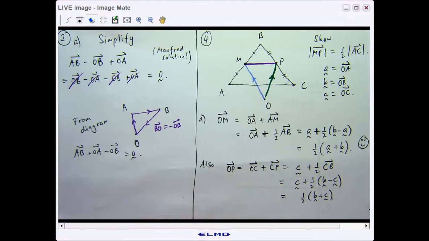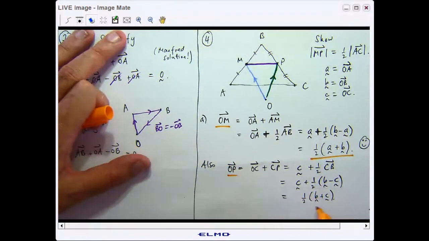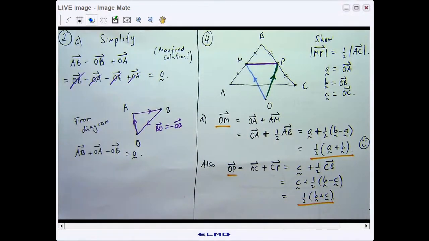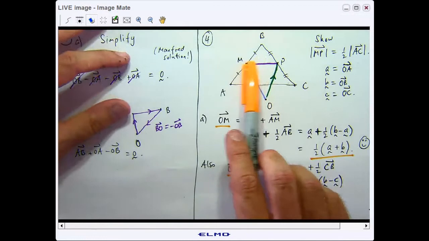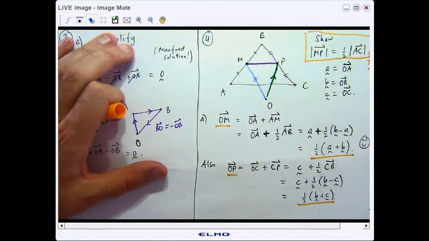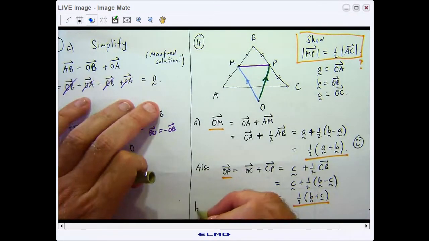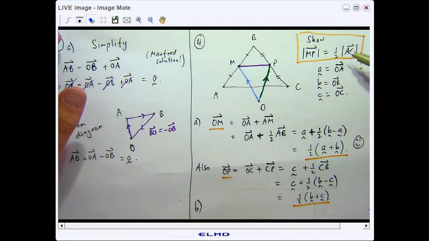Okay, great. So what have we got? OM equals that, OP equals that. How does that help us show this? Well, let's put that together in the second part of this question. We're wanting to show this.